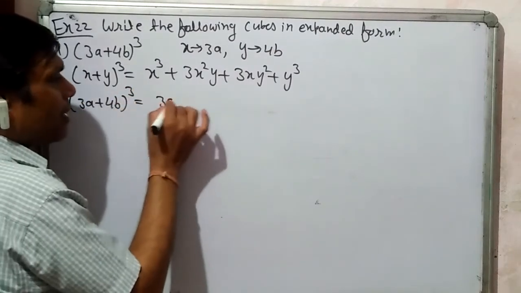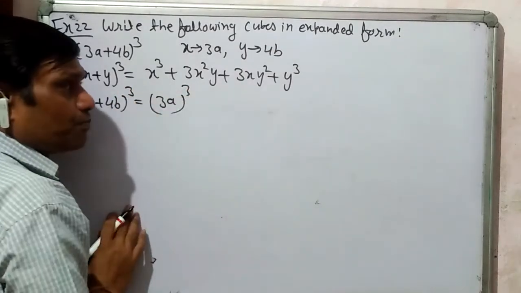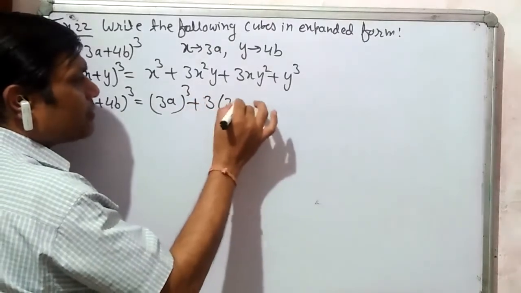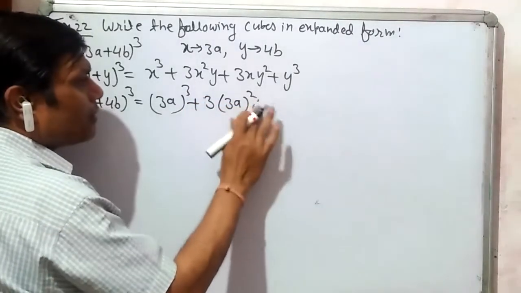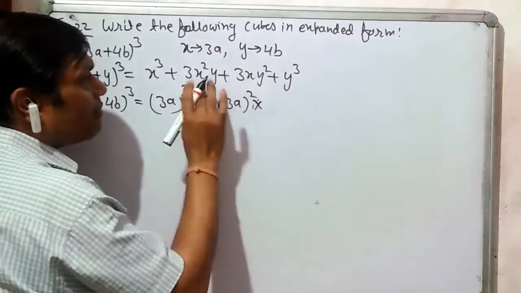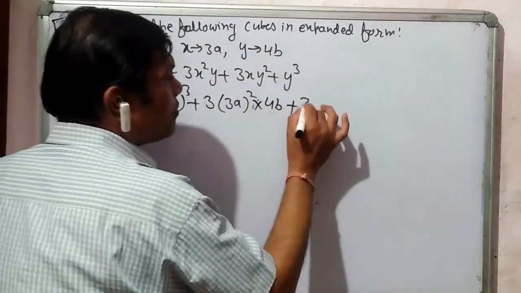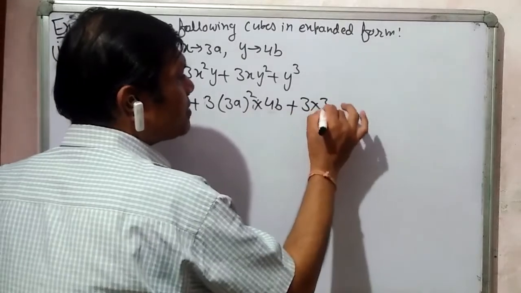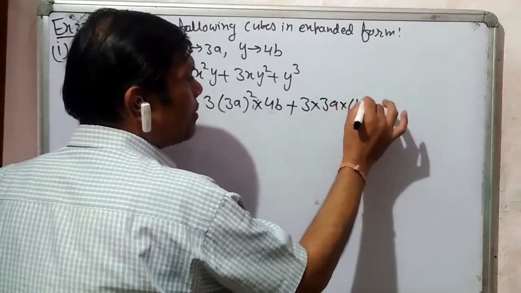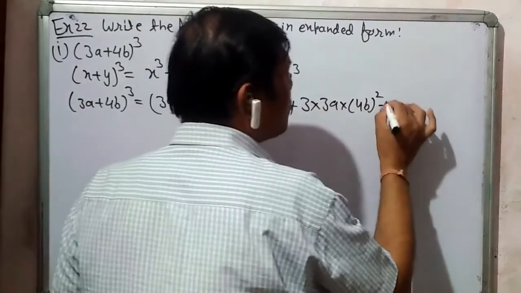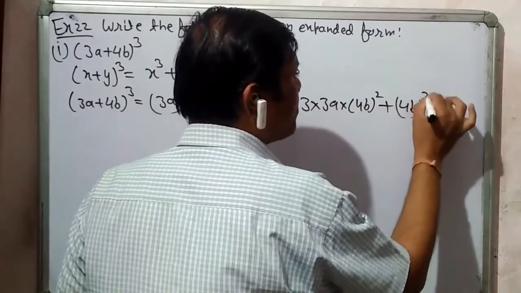I have 3a plus 4b whole cube. X is 3a, its cube, plus 3 multiplied by x is 3a square, multiplied by y is 4b, plus 3 multiplied by x is 3a, multiplied by y square, that is 4b square, plus y cube, that is 4b cube.